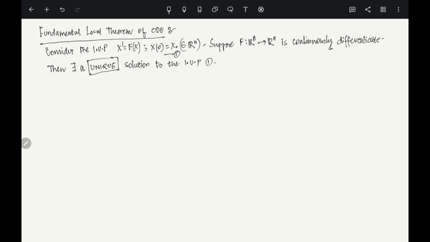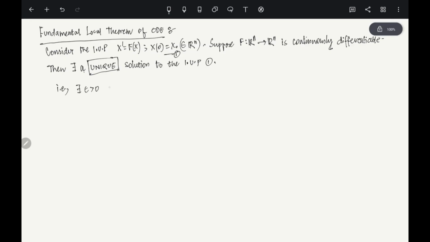Clear? So in a more mathematical context, what does it mean? That is, there exists some positive, let's call it epsilon.